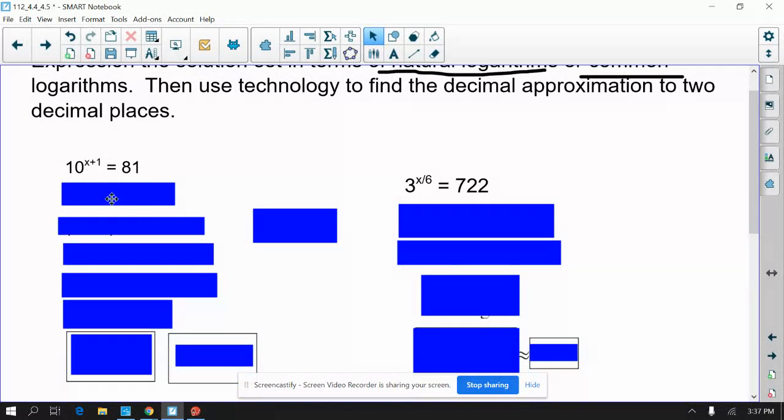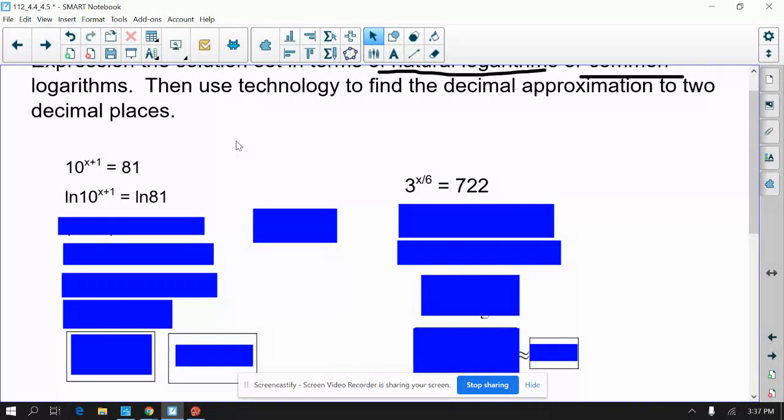Here I'll just use natural logs first. So I'm going to apply the natural log to both sides. So the natural log of 10 to the x plus 1 equals the natural log of 81. Definitely not times.